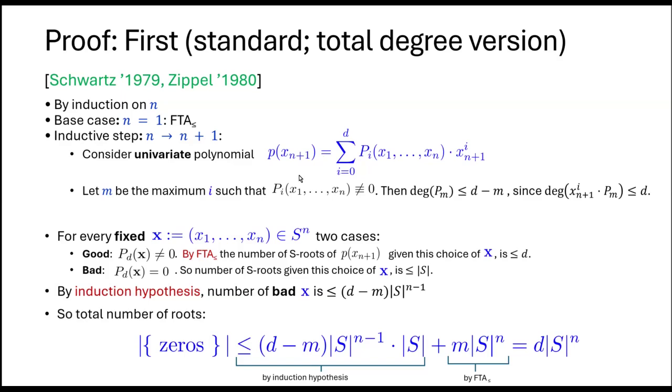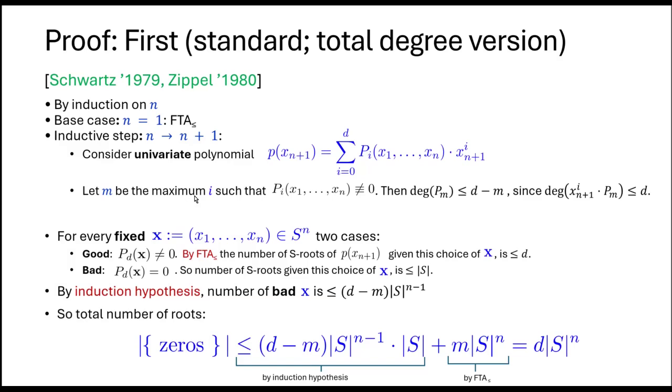This is a univariate polynomial in one variable, x_{n+1}, written as a power sum here, and each power x_{n+1} to the power of i is multiplied by p_i, and p_i itself is a polynomial in n variables, x1 to xn. And the degree we assume is denoted by d. So our multivariate polynomial is of degree d.